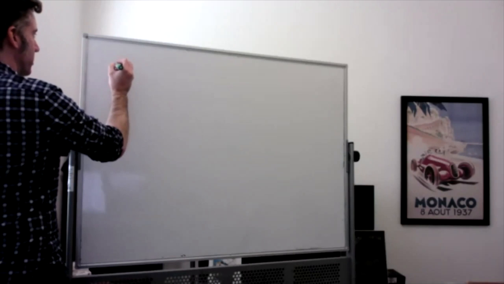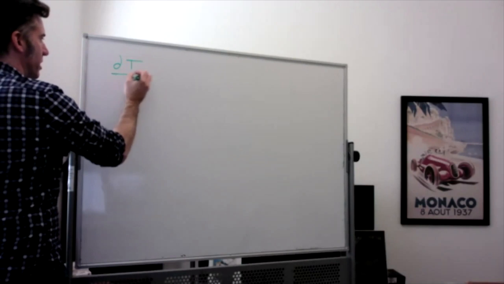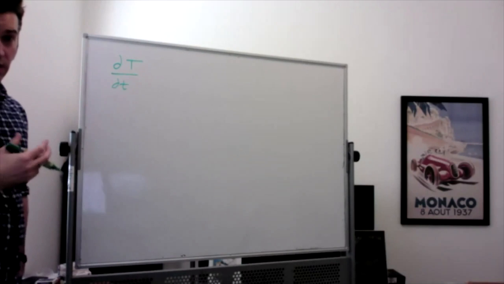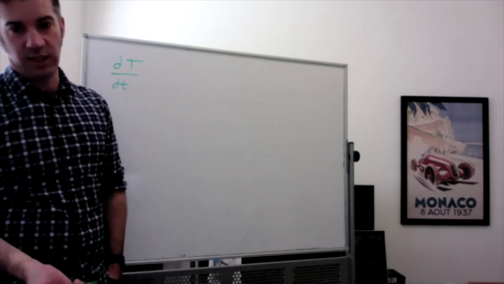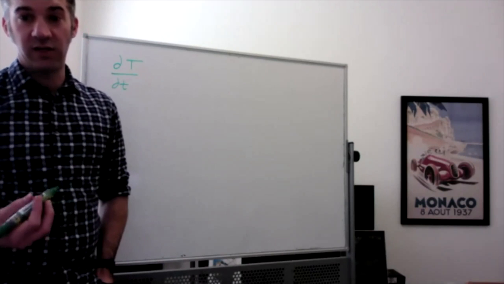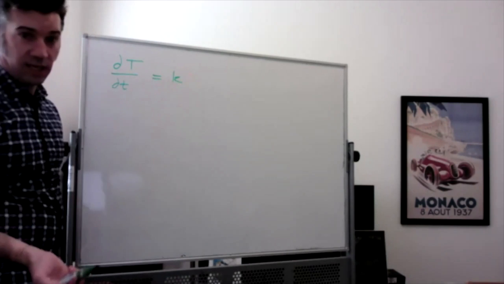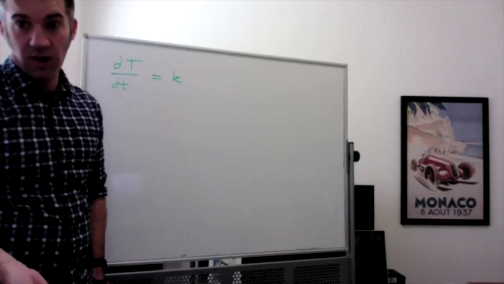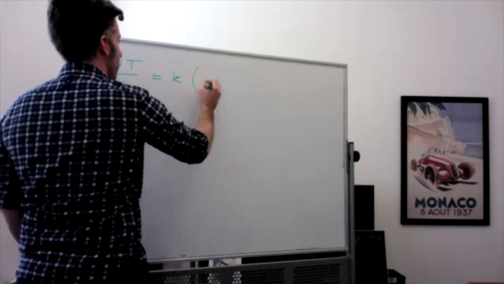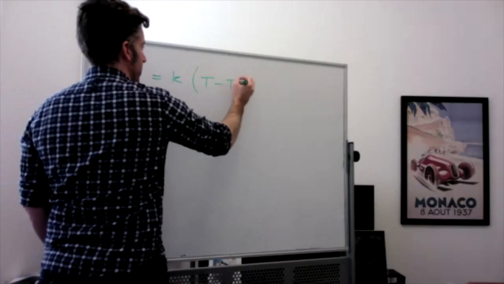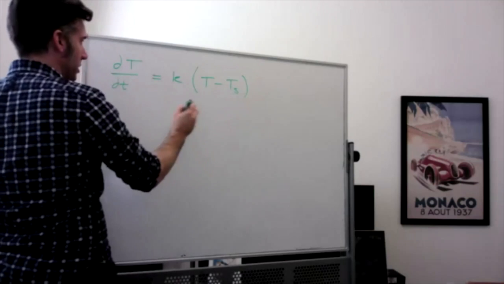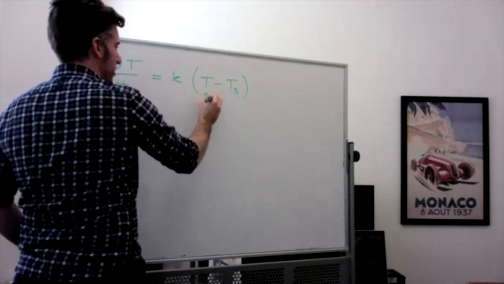Newton's law of cooling says that the rate of change of temperature, so we're using capital T for temperature and little t for time, is proportional to, so that's what the k is for, it's a constant, some number, proportional to the difference in the temperature of the object.